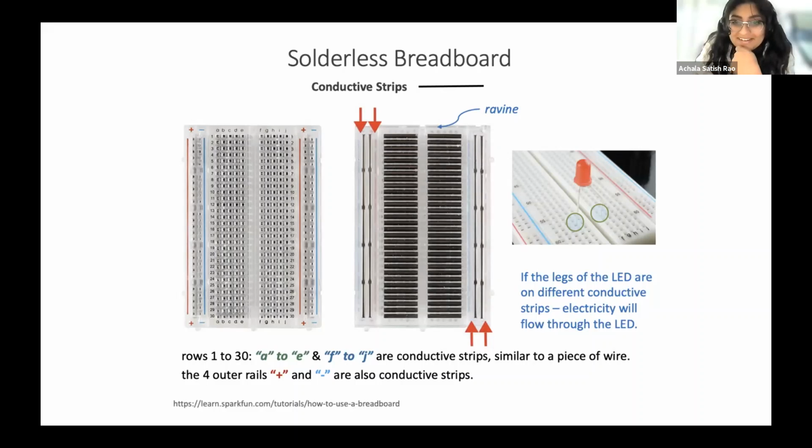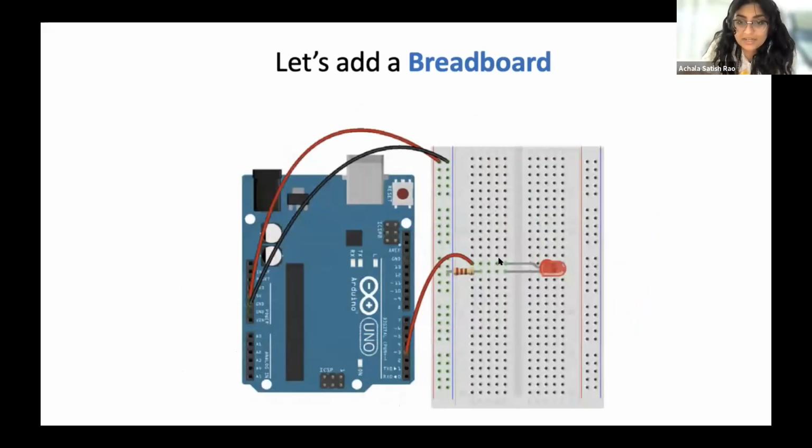So for example, if this LED was placed horizontally, within these two holes, then you wouldn't be able to power it. But because we have it over the bridge, we're able to connect one side to power and the other side to ground, and that would flow just fine.